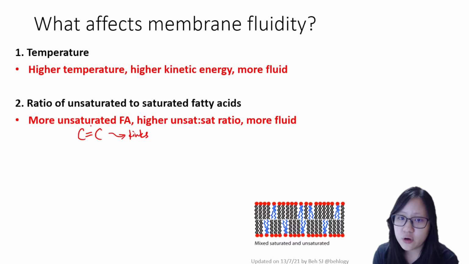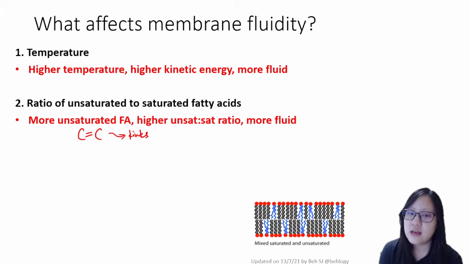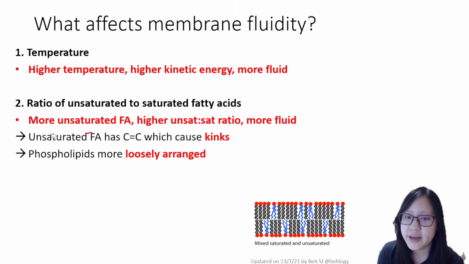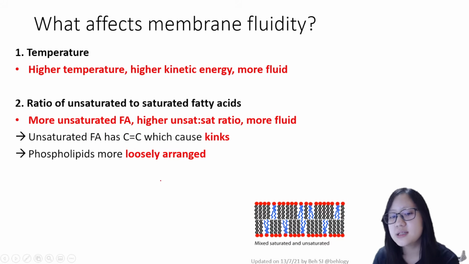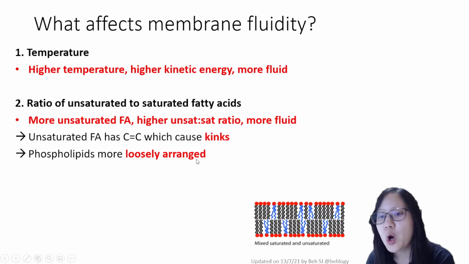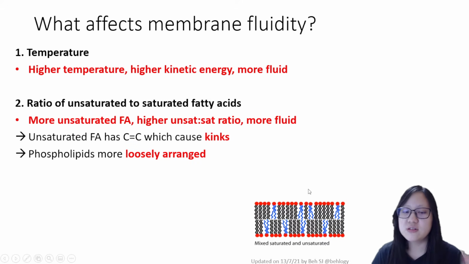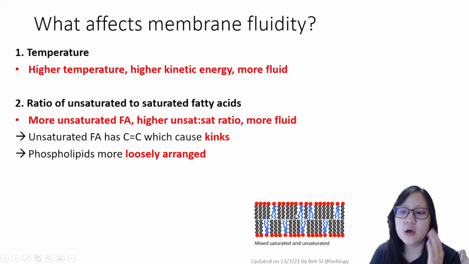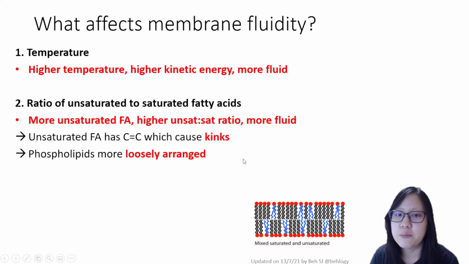And therefore, if you have more unsaturated fatty acids, then the ratio of unsaturated to saturated fatty acids will increase. Because of the kinks, there is more space between individual phospholipids, causing them to be more loosely arranged. And if there's more space between phospholipids, the membrane is going to move around even more. So it's going to become more fluid.